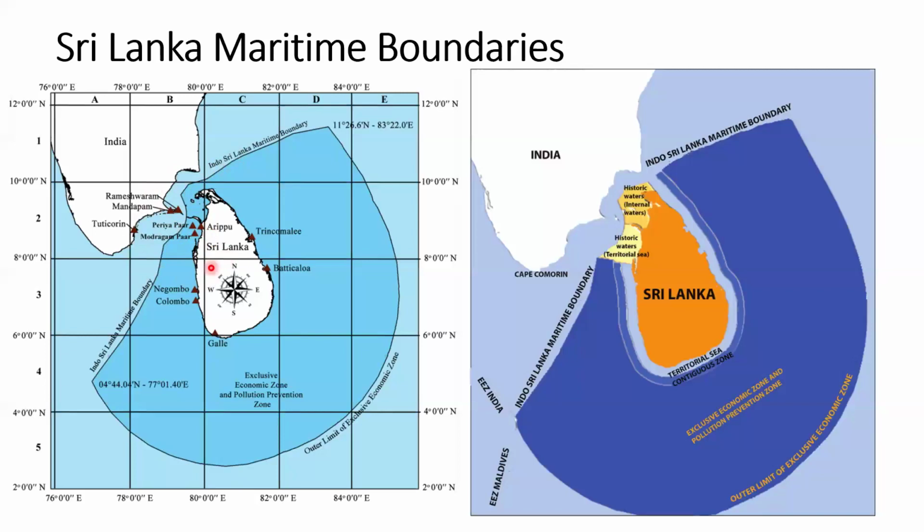This historical water area has shallow waters, and main shipping lines need around 17 meters, 15 meters depth, which is not available within this area. Because of that, all the ships are using the southern part of Sri Lanka.